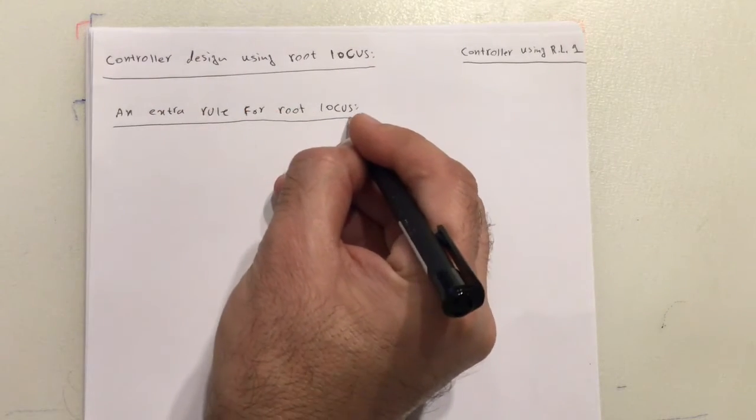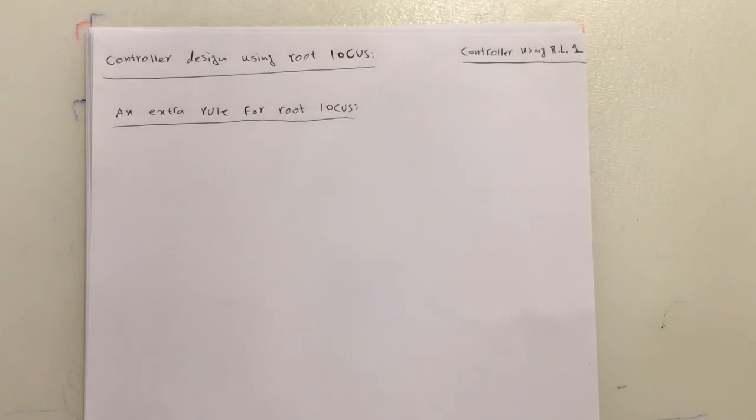Why didn't I mention that when we were talking about the root locus? Because usually this rule is not that useful for drawing. It is useful for analyzing a root locus. That's one reason, and the second reason is that it is not applicable to all systems.